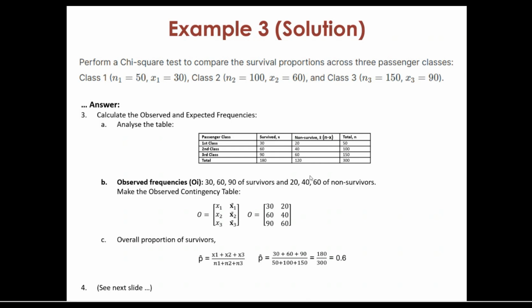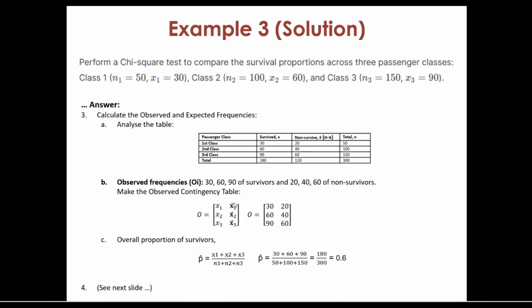So once you get the contingency table, let's come up with the observed frequency matrix. You see three rows for the three classes, for the three populations: the first class population, second class population, third class population. On the left hand side are the survivors, on the right hand side the number of deaths.